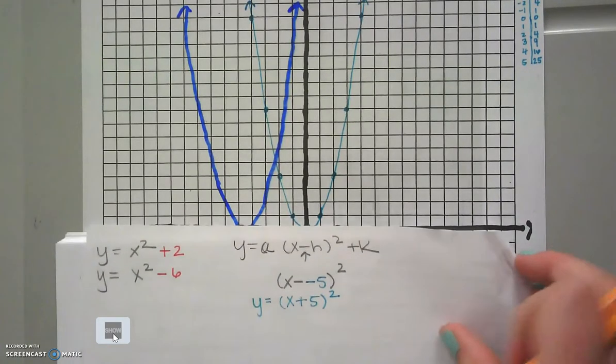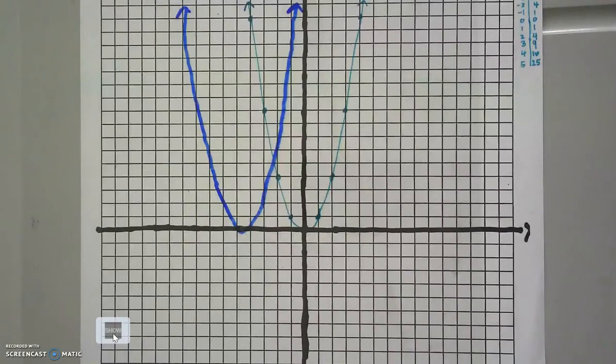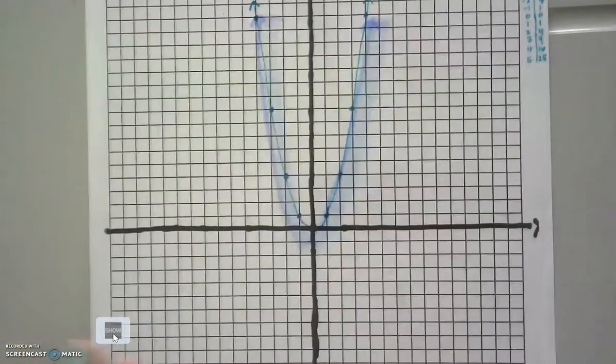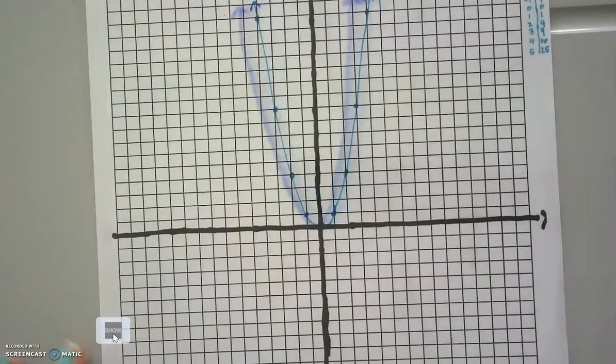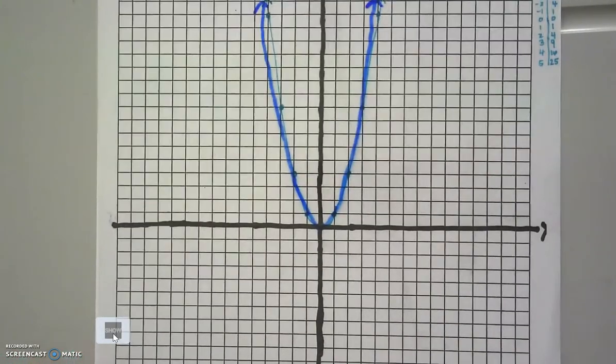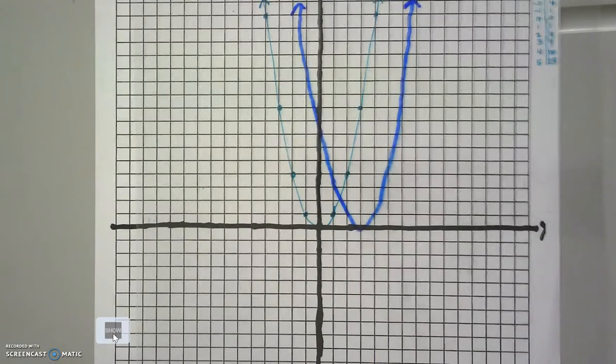So what if I ask you to go to the right? Let's go back to our parent function here. Let's go to the right 3. So I'm going to pick my graph up and head towards my right hand: 1, 2, 3.